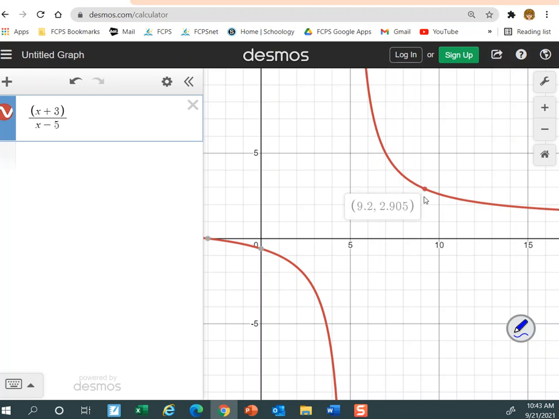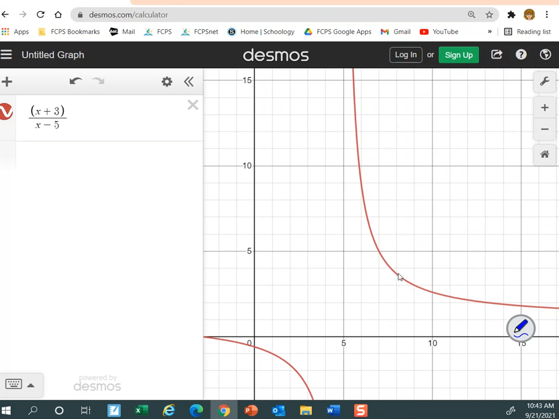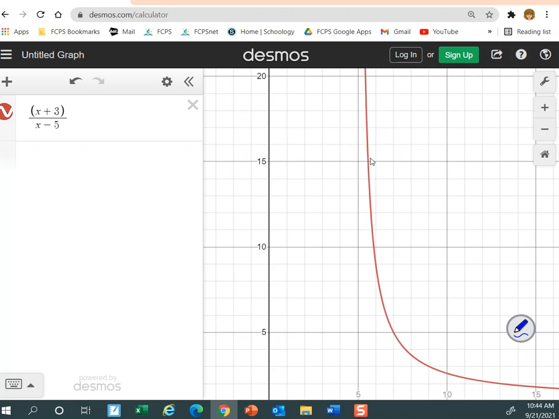And so basically, I don't have to look at it if I just look at individual points here. As I go closer to 5, but coming from numbers bigger than 5, I can see my y's are growing, and it's getting steeper and steeper. The change in y compared to the change in x is also growing.